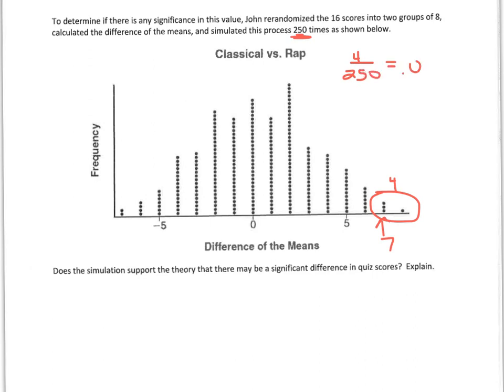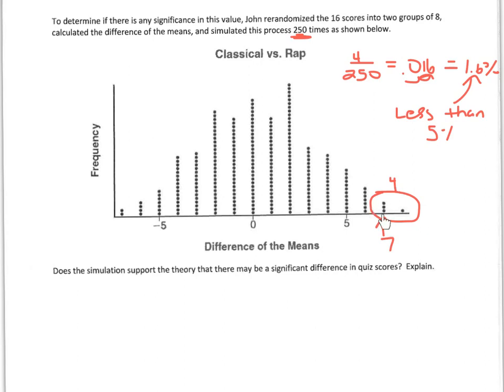So this is equal to 0.016, which if you just take the decimal and move it twice, is 1.6%. So that is not a common difference, okay? That difference was so extreme. Okay, that difference occurs, we could say, less than 5%. So this is not a normal occurrence.